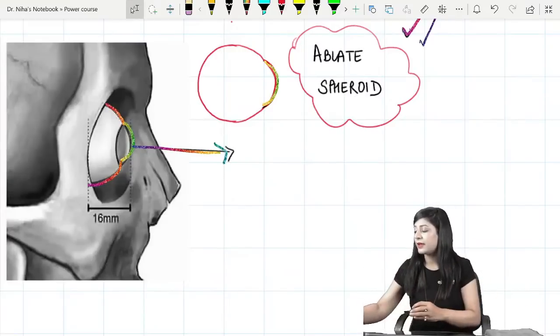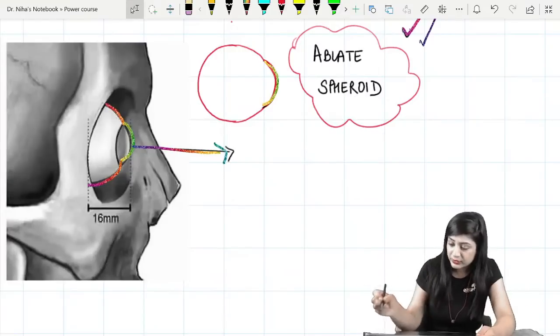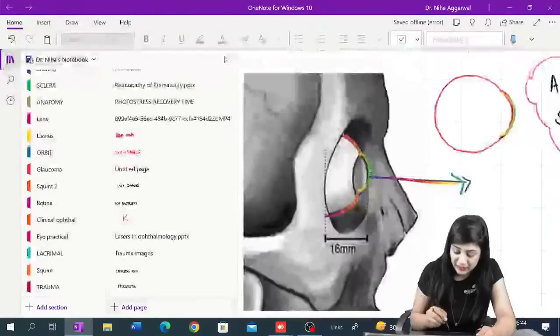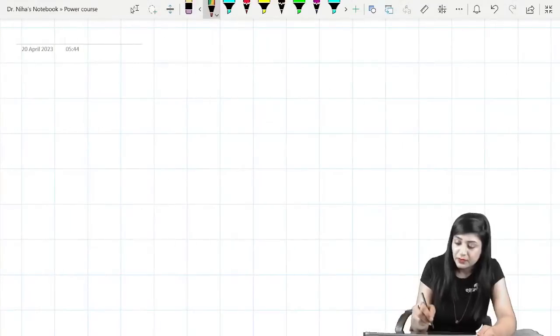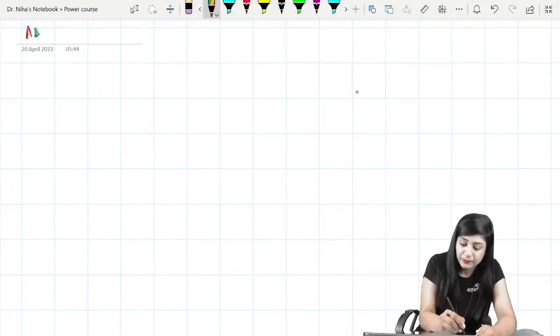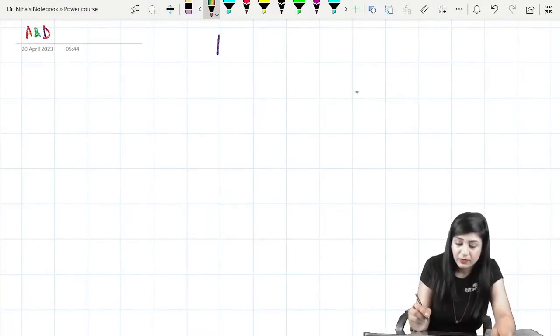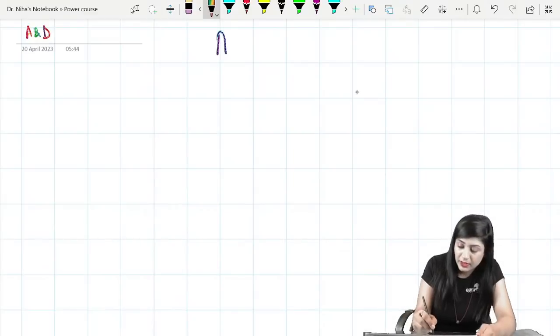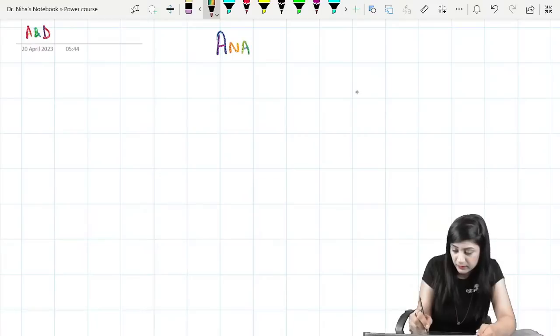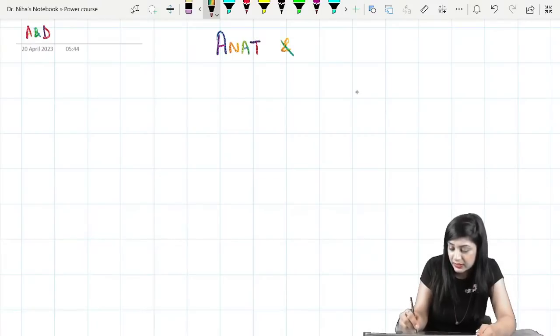On this basis, now we are going to write about the eyeball. Put the heading: the anatomy and the development of the eye.